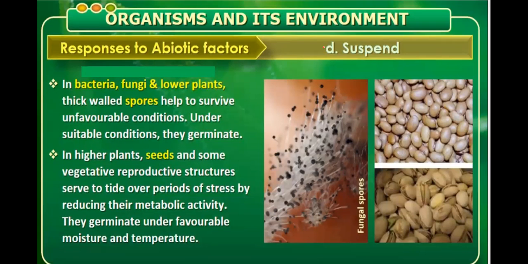Then another method is to suspend. In bacteria, fungi, and lower plants, thick-walled spores help to survive unfavorable conditions. These are fungi, some bacteria, seeds, all these things. They develop a thick wall, which helps them survive in unfavorable conditions. Under suitable conditions, they will germinate.